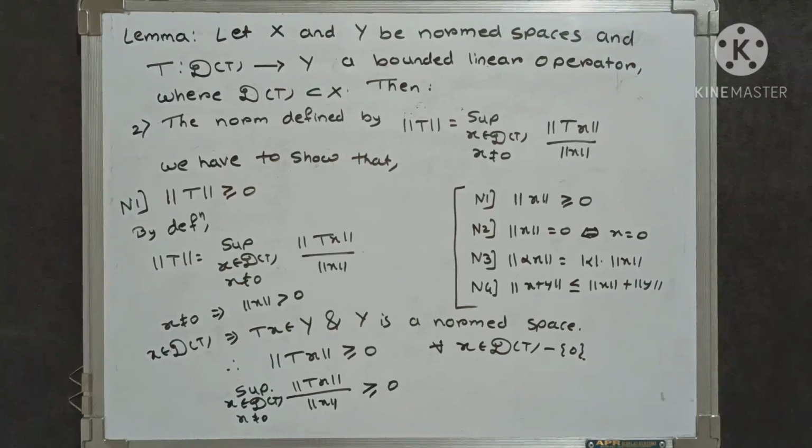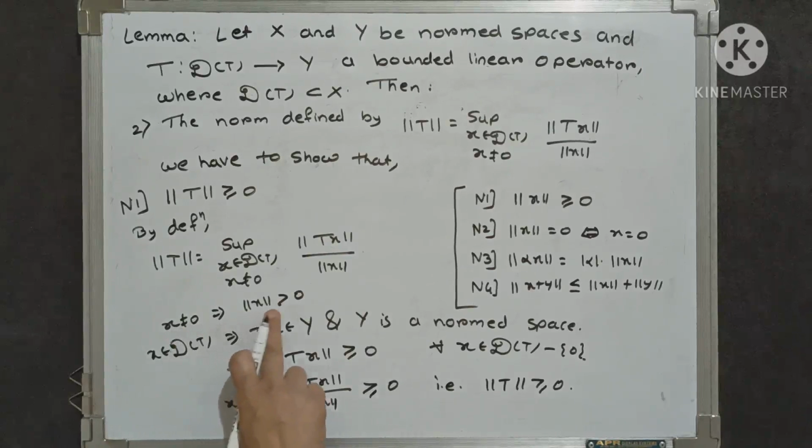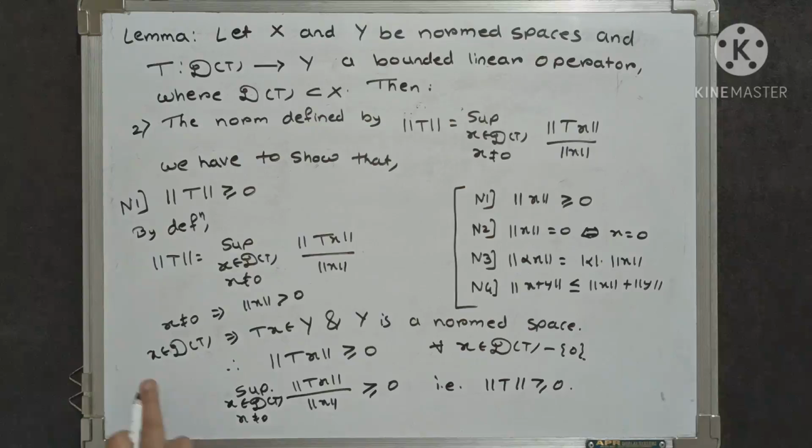And as it is true for the supremum, but that supremum is nothing but our norm of T, therefore here we write that norm of T is greater than or equal to 0. We start with a non-zero element of capital X, and here we get that its norm is strictly greater than 0, but x is an element of D(T) implies that Tx is an element of Y, and Y is a normed space, and therefore we have norm of Tx is greater than or equal to 0.